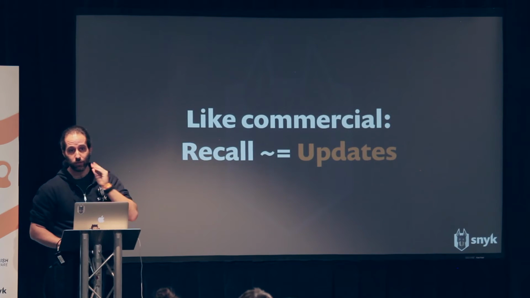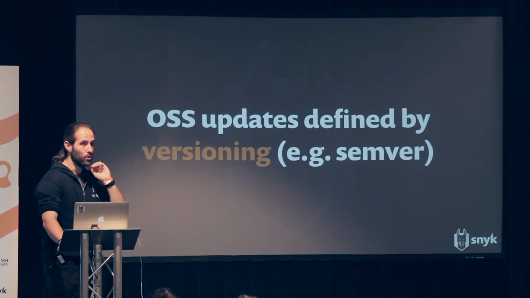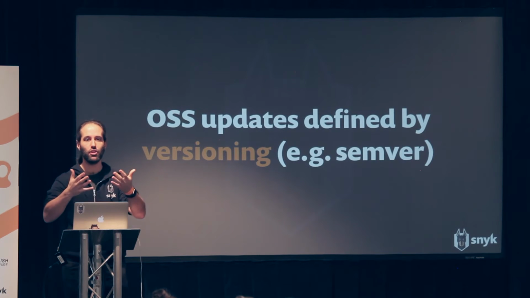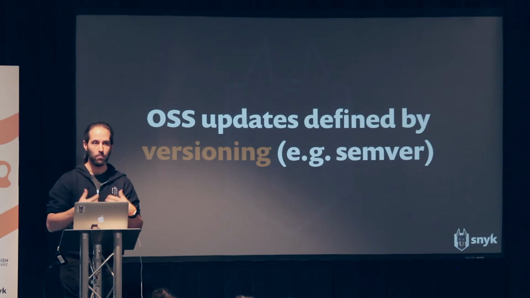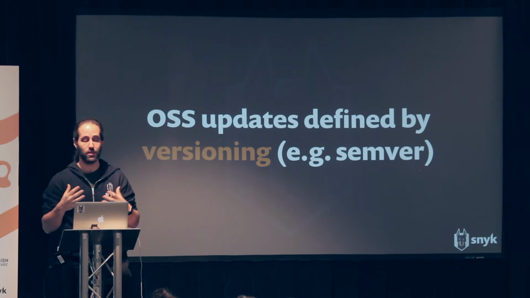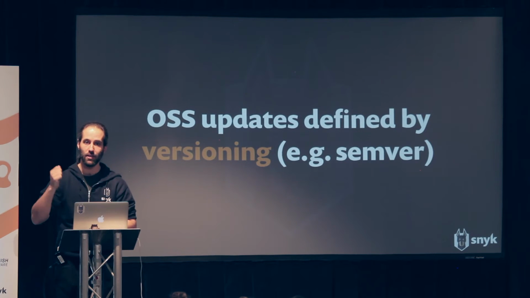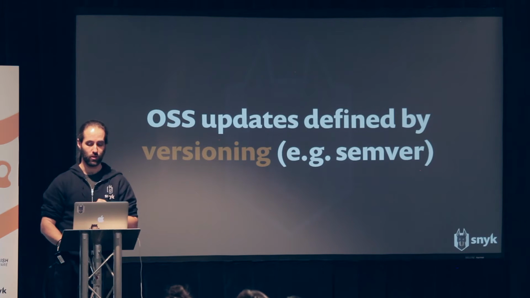We have versioning in open source, and we use versions to indicate what's the next, because you can't unpublish stuff. Open source is a registry where you publish things, but you don't have a way to retract them because of the stability, because of the way the system works. Unlike commercial software, where you can just cut it off and say this version is not sent to any new users, to any new customers anymore.